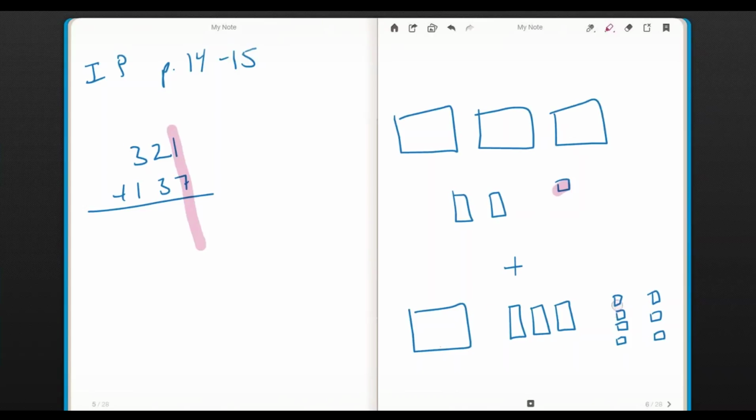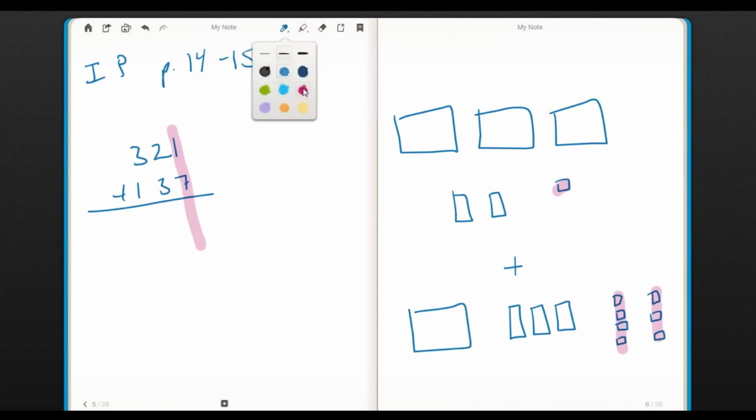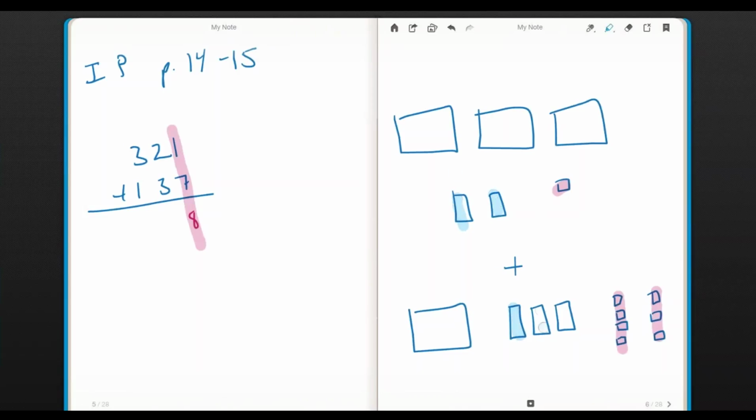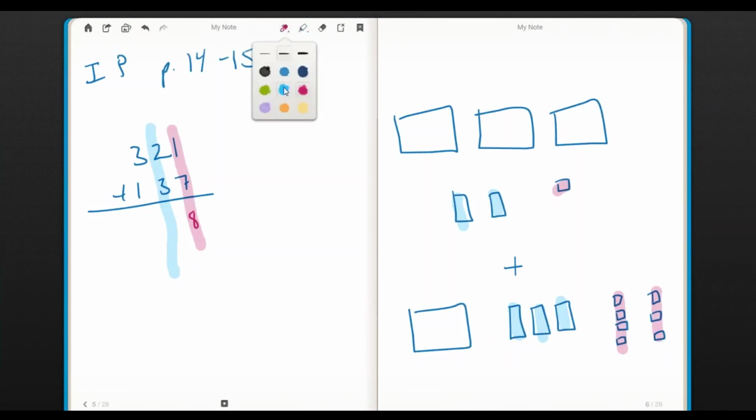We have 137. I hope that in their mind, they don't have to draw it, but I hope they understand that it means 100, 3 tens, and 7 ones, and if I combine those ones together, I have 8 ones. It doesn't take a lot of drawing and conversation to realize that the 2 tens and the 3 tens are going to combine in my tens place, and when I do, I'll have 5 tens.